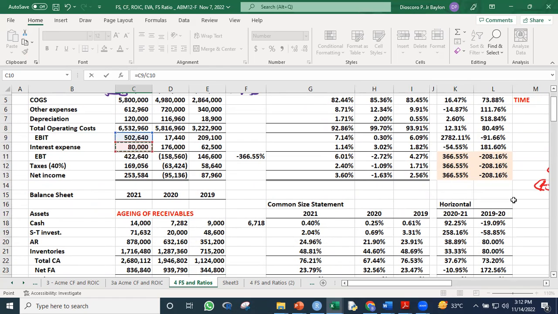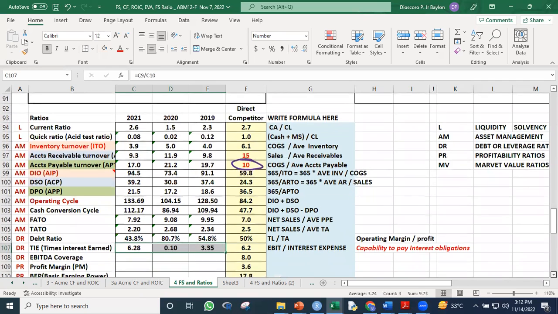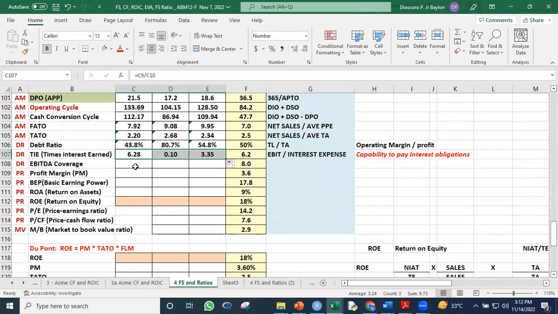So if we get that ratio, we have 6.28. Okay, so what does that mean? What does that mean? It means that for every peso of interest expense, the company has 6.28 pesos of operating profit, operating margin, to pay its interest payments.